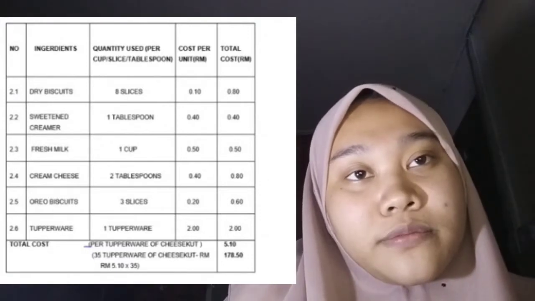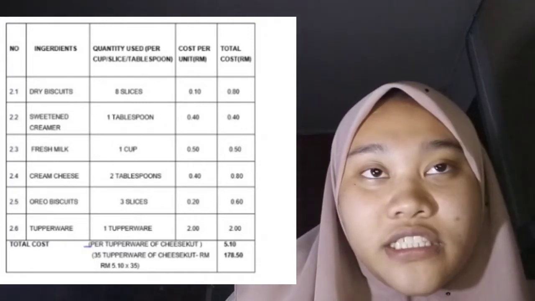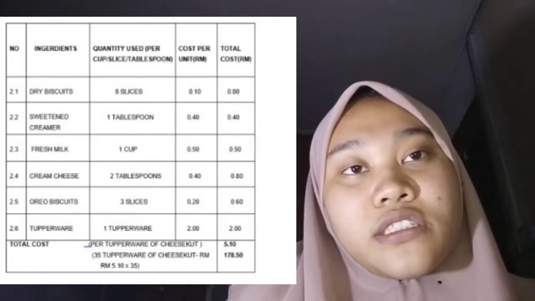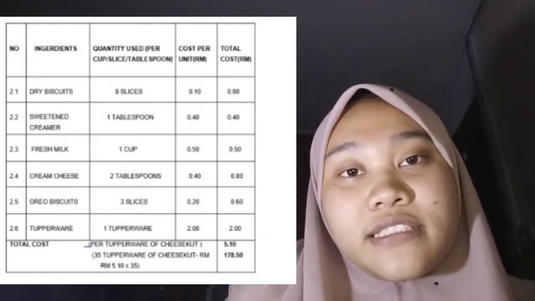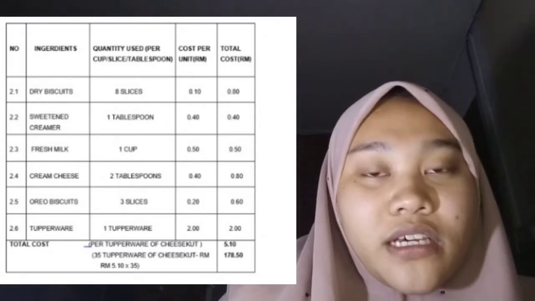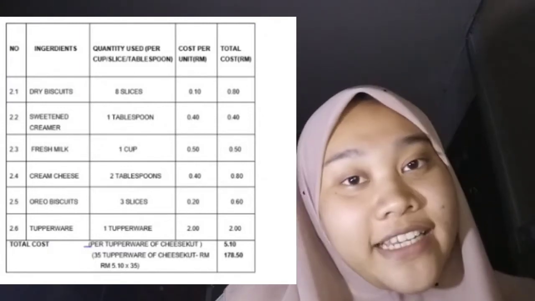The total cost for all ingredients that we use is 5 ringgit 10 cents. So the total cost per day is 5 ringgit 10 cents times 35 cheesecoats, so the total is 178 ringgit 50 cents.